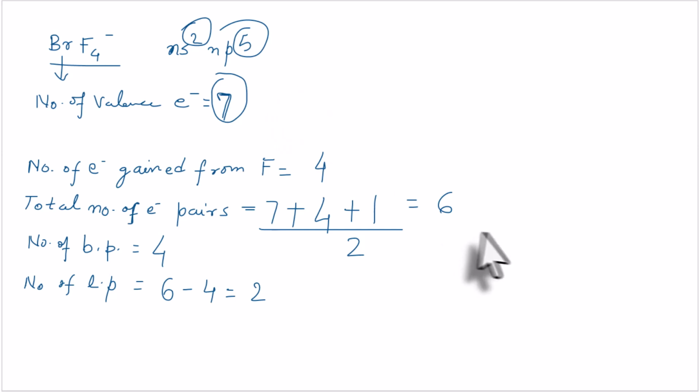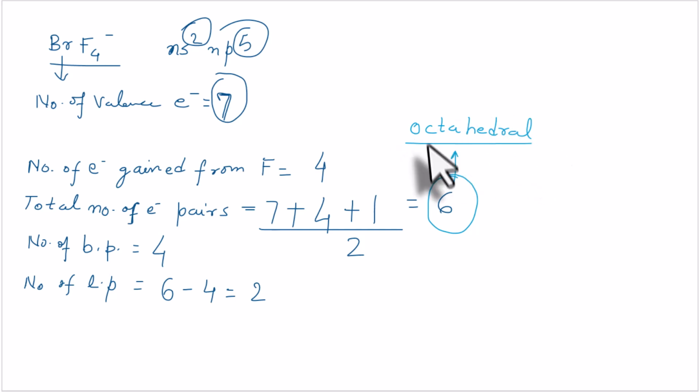Now, when we have a structure where the total number of electron pairs is equal to 6, then we have a typical octahedral geometry from the electronic arrangement. This perfect octahedral geometry gets distorted when we have lone pairs according to the VSEPR theory.